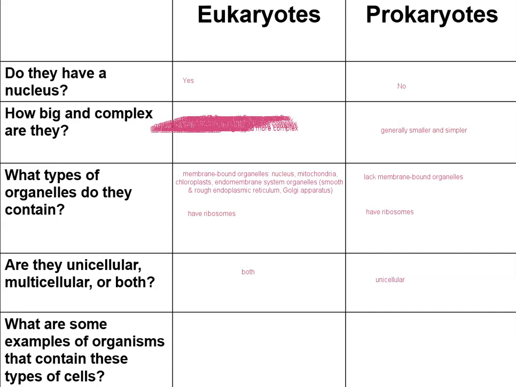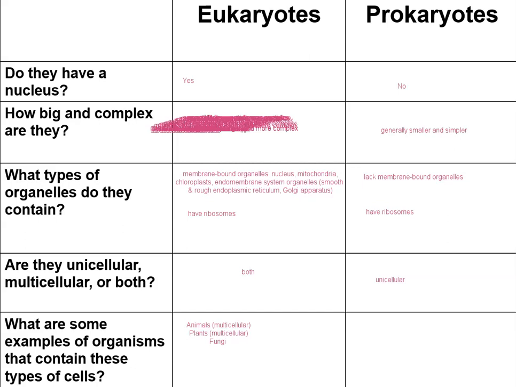So let's start, I'm going to break it down by groups. So animals. All animals are eukaryotes, and they're going to be multicellular. Plants, multicellular.